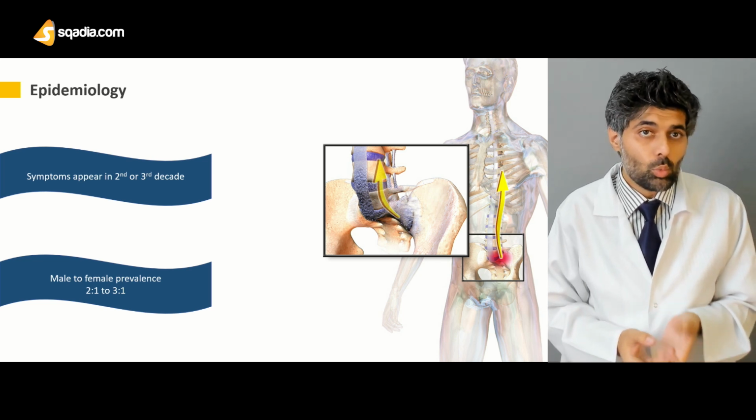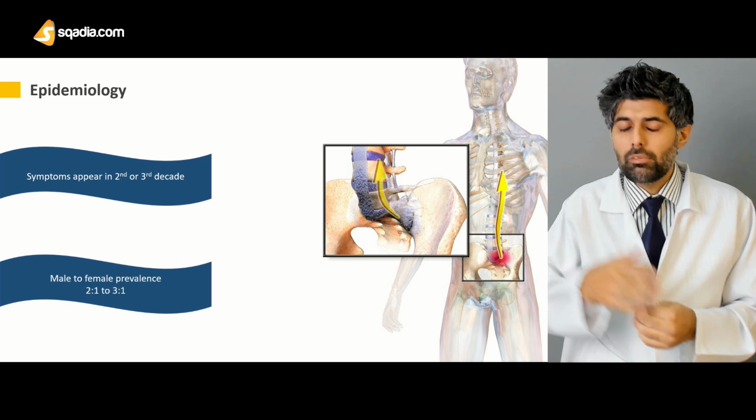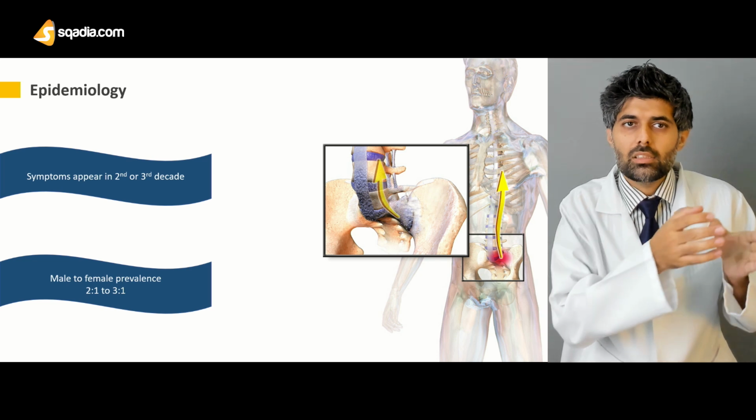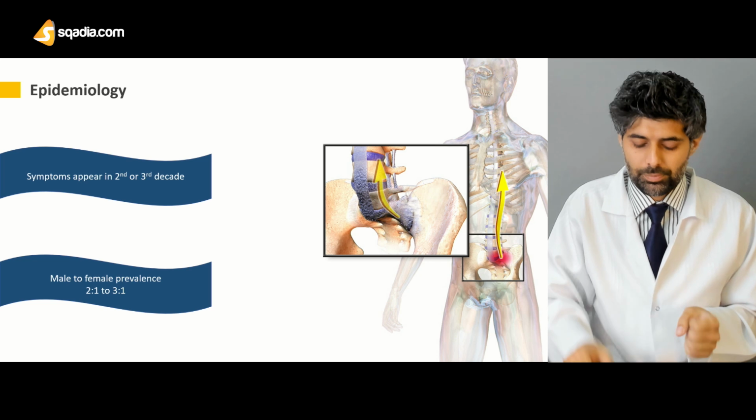Why it is so, why men are more affected and women are less affected, we will discuss later on. But do note that it is a disease which affects the male gender the most.